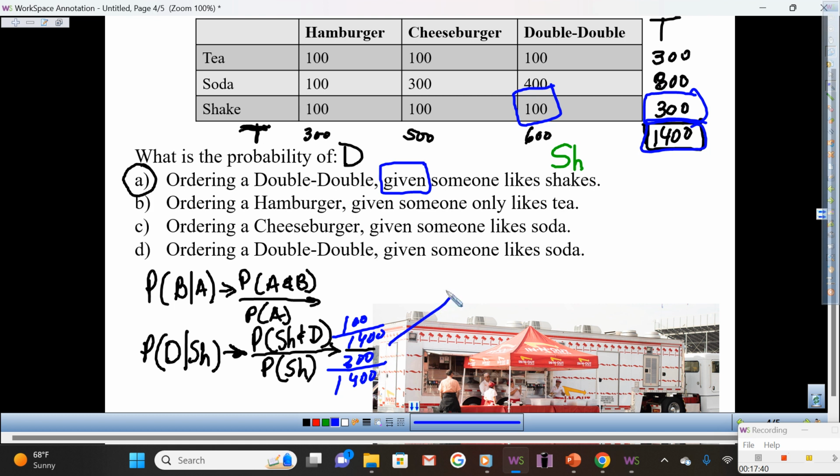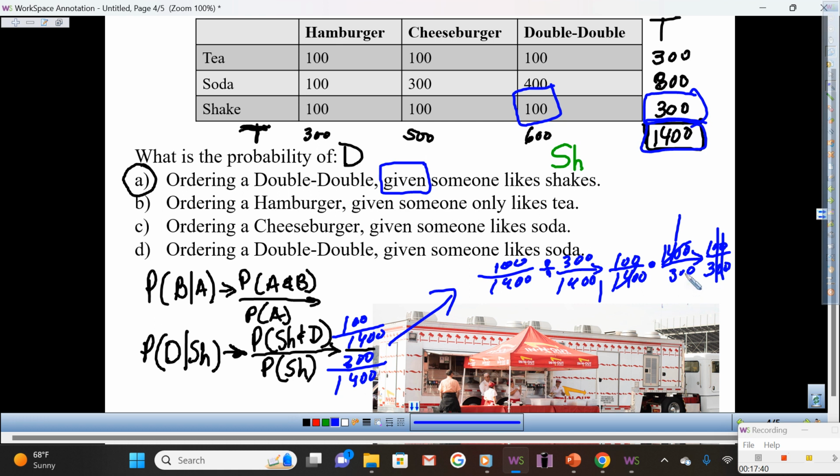So we have 100 over 1400 divided by 300 over 1400, which is 100 over 1400 times 1400 over 300. And we know these become ones, yes? So this is 100 over 300. Get rid of some zeros, so this is 1/3.